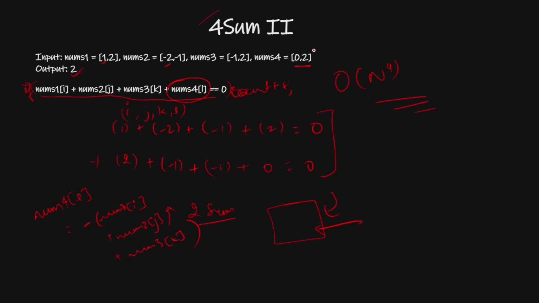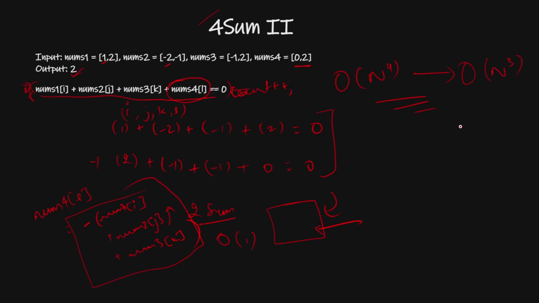After pushing all the elements of the 4th vector into my map, I can find this in O(1) time. So my time complexity will reduce from O(n^4) to O(n^3).